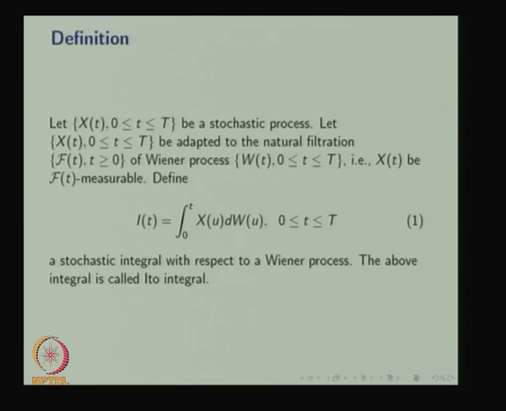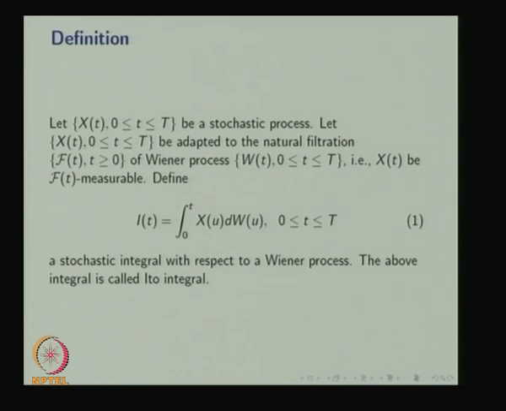This is the definition of the Ito integral. Let X_t be a stochastic process which is adapted to the natural filtration F_t of the Wiener process W_t, that is, X_t is F_t measurable.